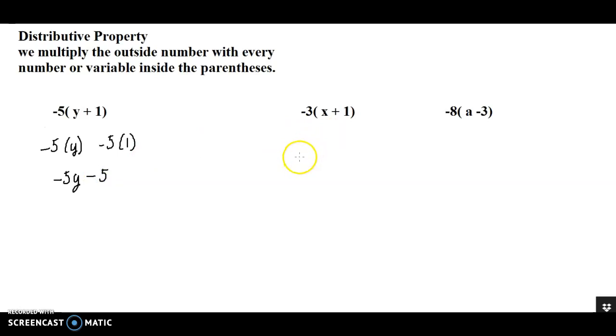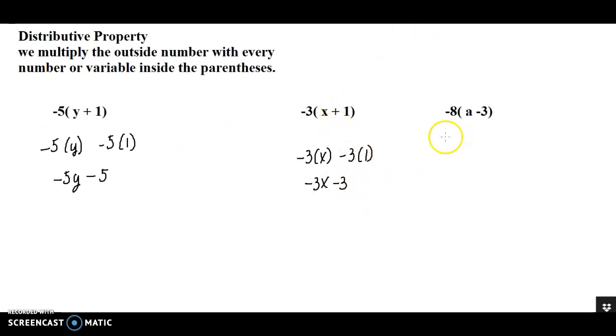The next one, they're asking us to take a negative 3 and multiply it times the x, and take a negative 3 and multiply it times 1. So when I do that, I get a negative 3x minus 3.